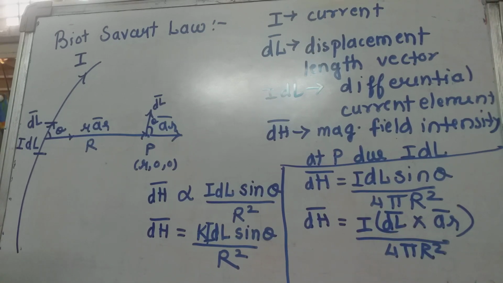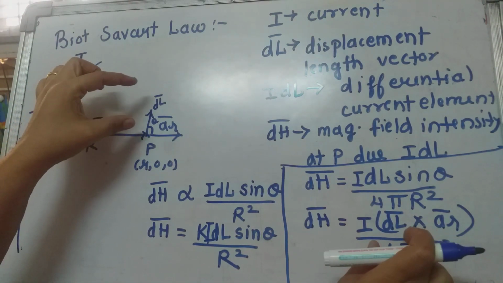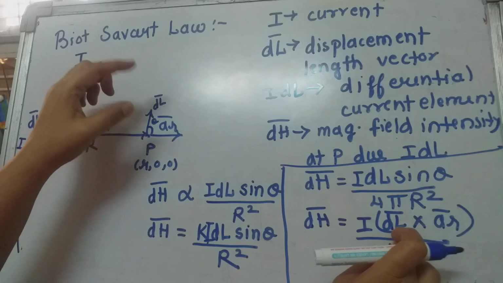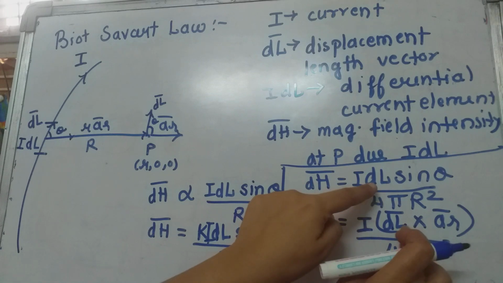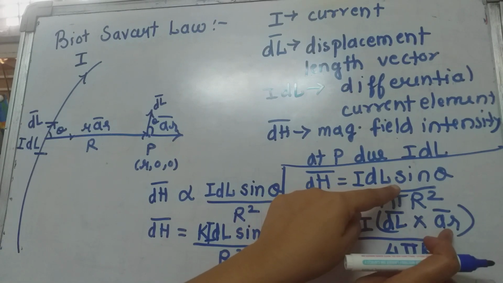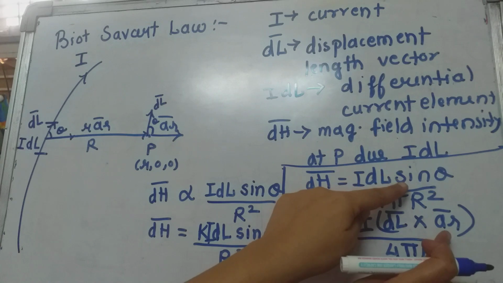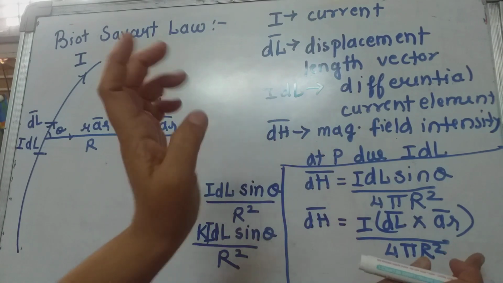We know that if we consider any two vectors, vector A and vector B, and theta is the angle between them, then A cross B is equal to mod of A into mod of B sine of the angle between them. Similarly, here the cross product of dl bar and a_r gives magnitude of dl bar into magnitude of a_r, which is equal to 1, into sine theta.